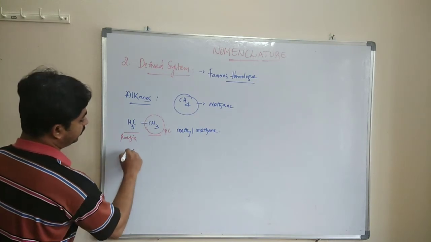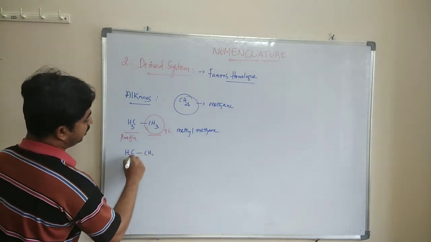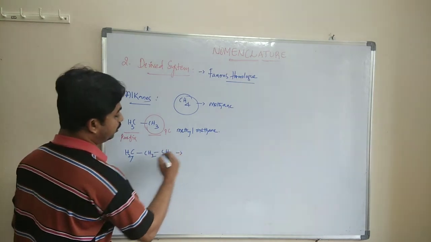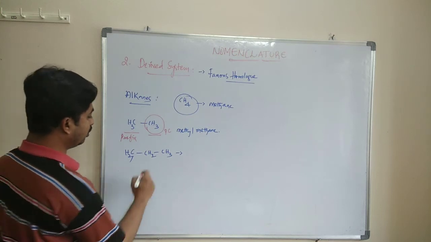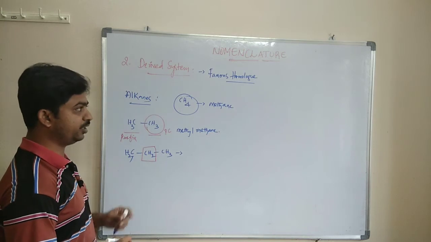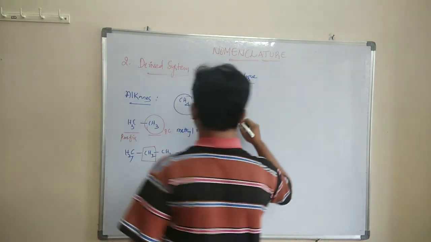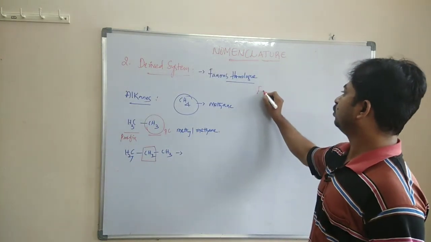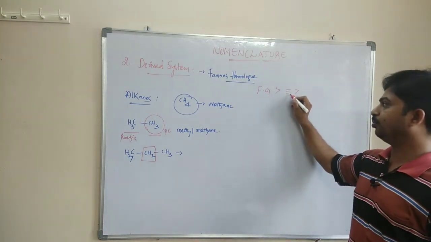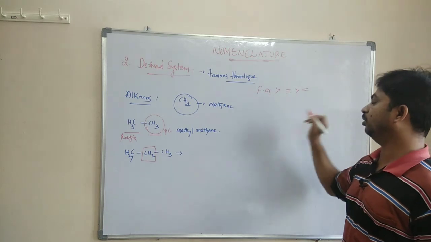Suppose CH2 CH3 CH2 CH3 is the structure, then you can give the names based upon the homologue. Identify the homologue first. Importance will be carried to the CH2. So first, importance wise, the functional group gets the first priority, then the triple bond, and the triple bond gets priority over the double bond.